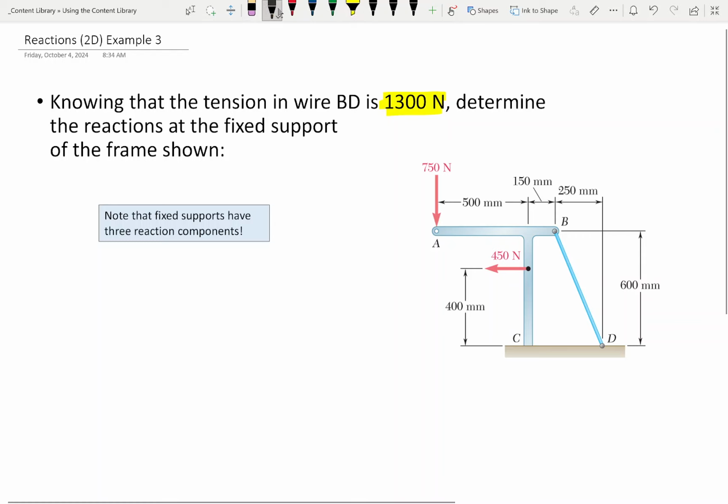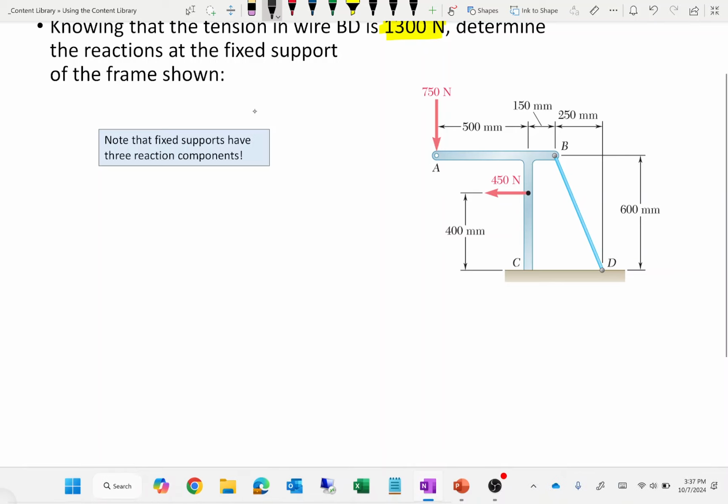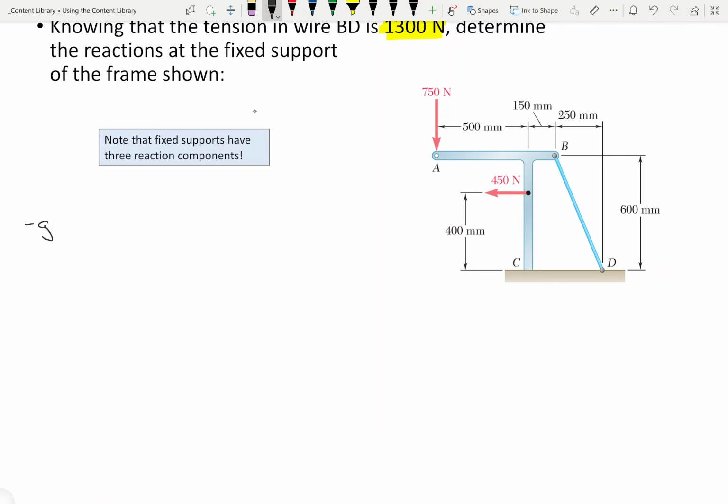And the way that we're going to do that is we're going to look at the geometry of this wire a little bit and see if we can break down the tension in this cable into maybe an X and Y format that might make sense here. So let's look at this wire here. If I'm looking at my rigid body, let's say this frame ABC, this is my rigid body.